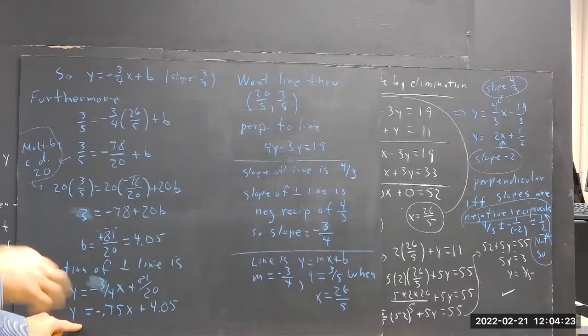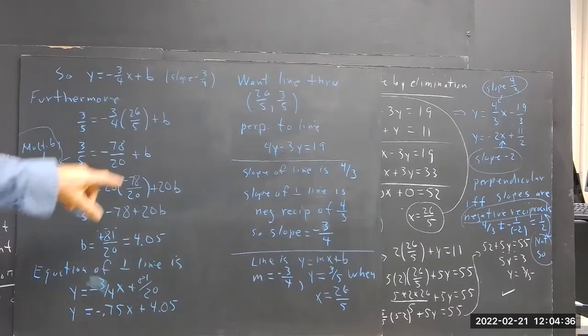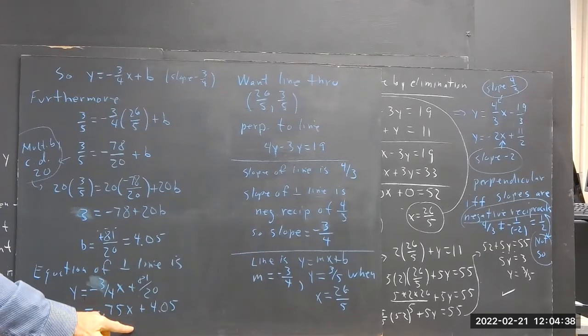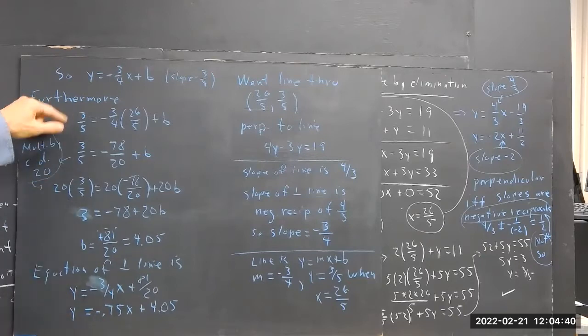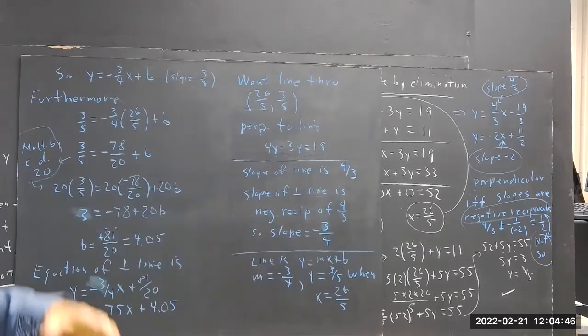That's an equal sign. It's not a wavy equal sign. It's not an approximation. Then we could plug in 26/5 for x and verify that y would indeed be equal to 3/5, to completely verify that it goes through that intersection point we found in the original two lines.